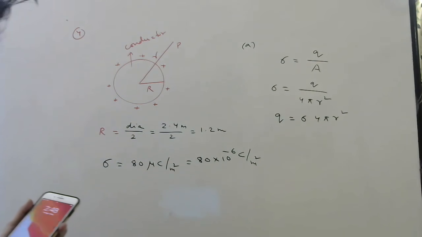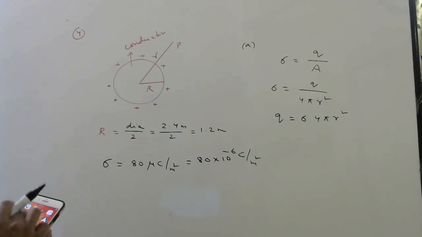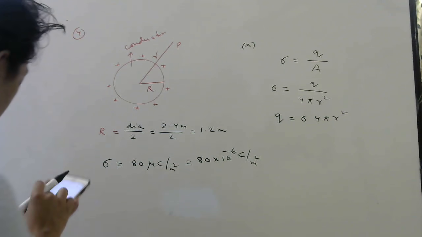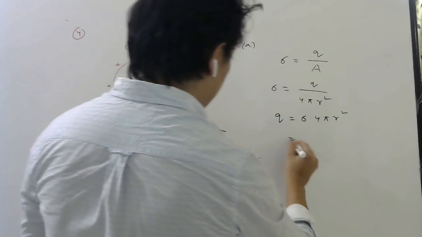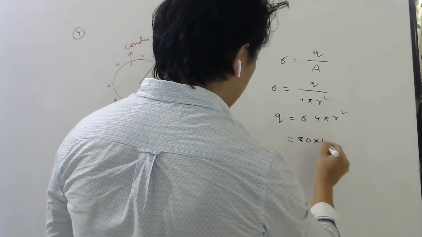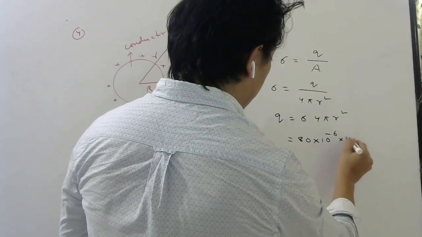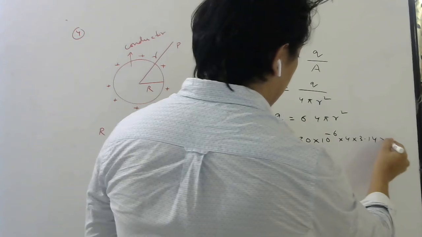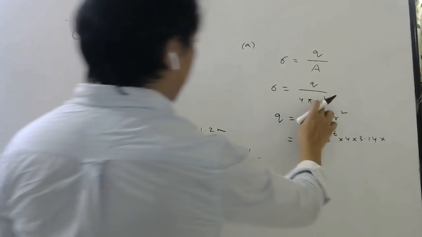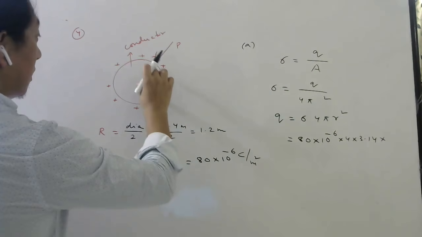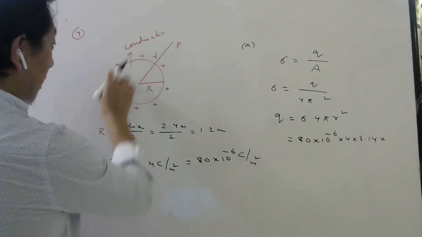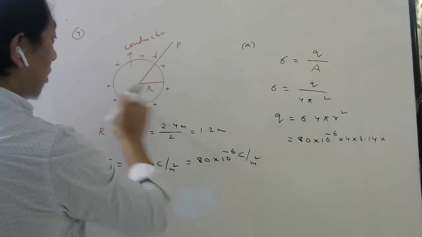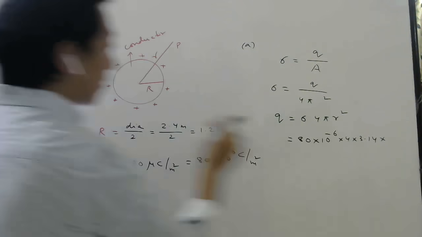So substitute the value of sigma and whatever they have given. Okay. So what is the value of sigma? 80 into 10 power minus 6, 4 into 3.14 pi value, and this is capital R because we have to find the area of the sphere. So for area of the sphere, you have to use radius of the sphere.